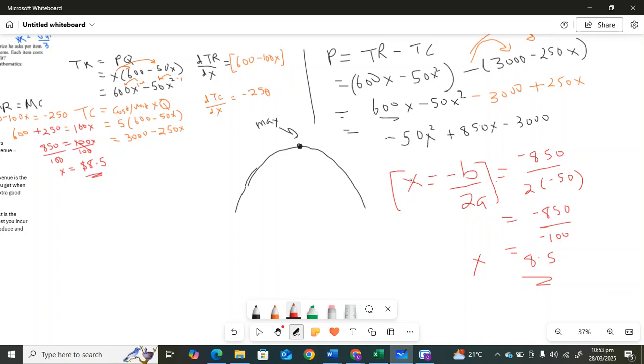So, colleagues, which one do we prefer, the pure maths way or the economics way?